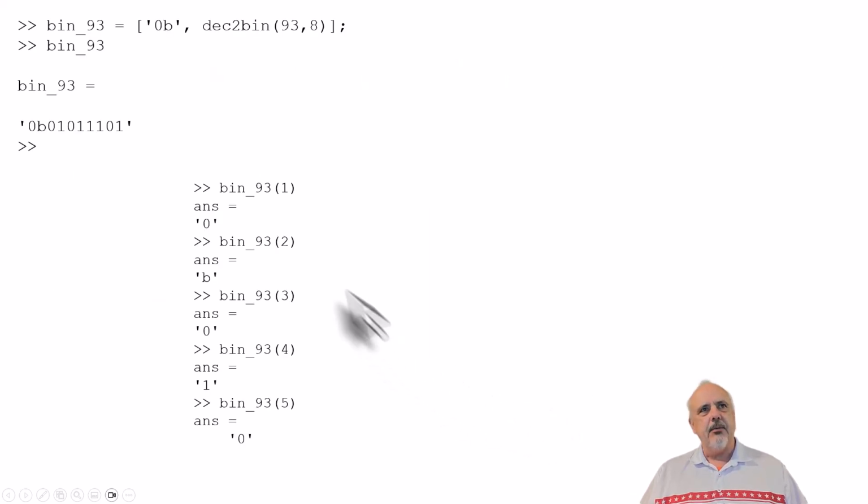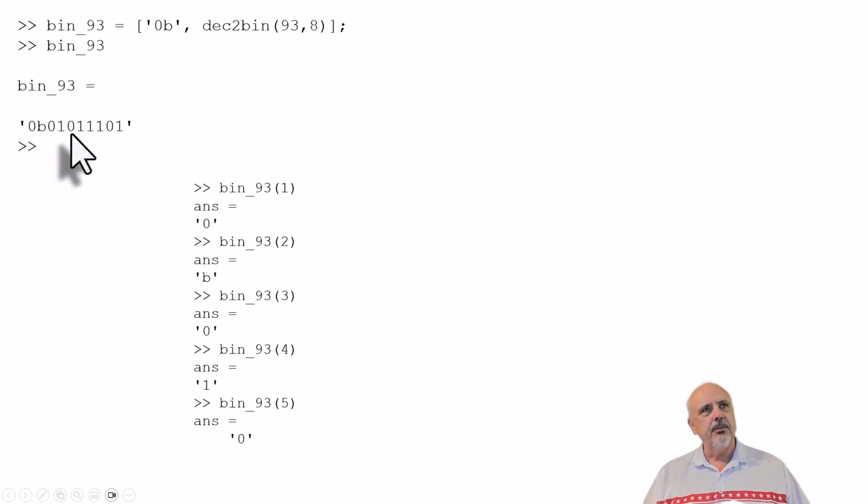So because of that, when we try to index through that bin93 with the prefix, the first one's going to be a 0, the second one's going to be a B, the third one's going to be a 0, the fourth one's going to be a 1. So we're just walking through it, and the fifth one's going to be a 1. 1, 2, 3, 4, 5.